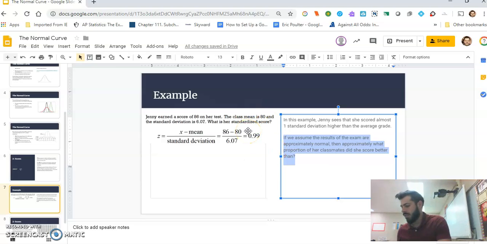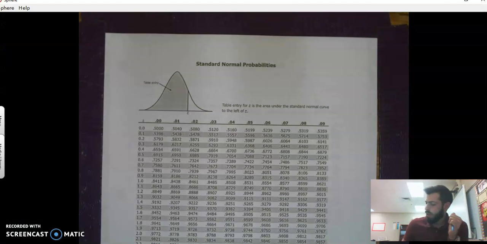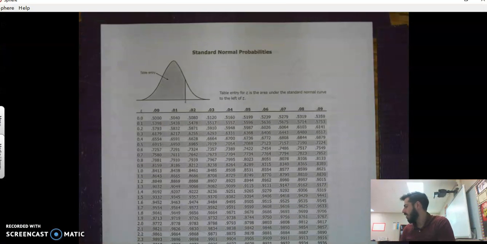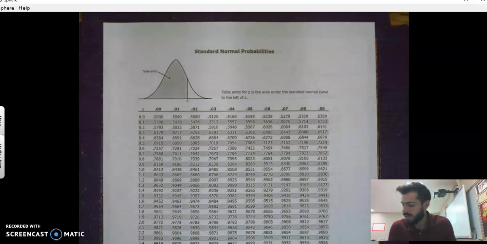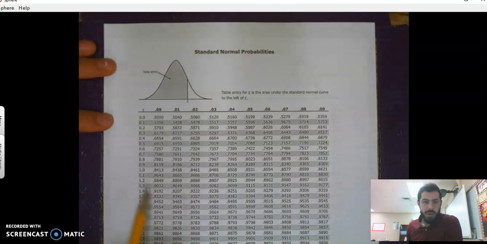And then use our standard normal table, as you see here, to find exactly what proportion of her class she scored better than, and we can easily turn that into a percentage. So here we have 0.99.